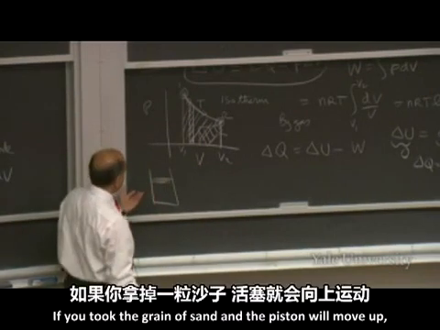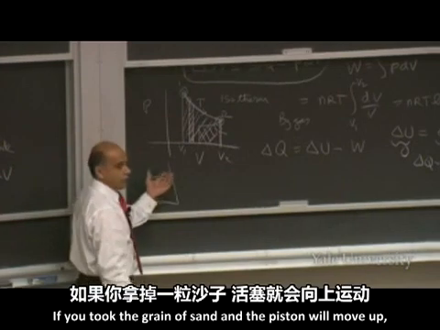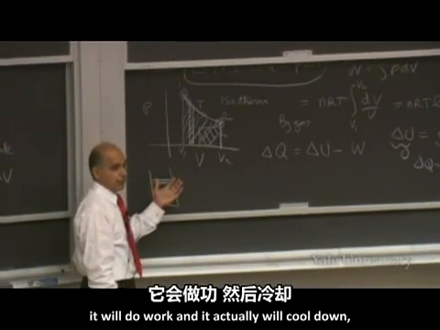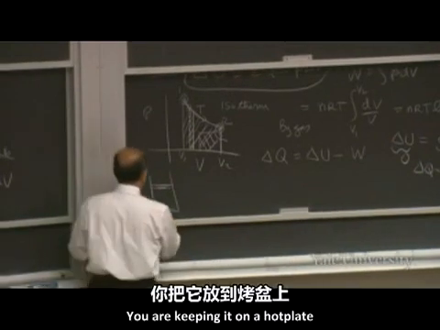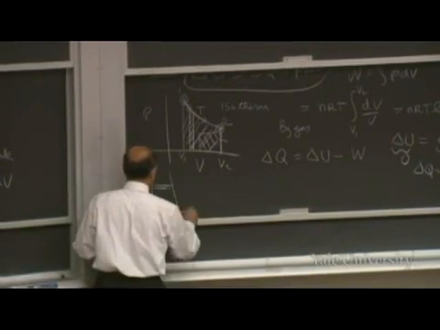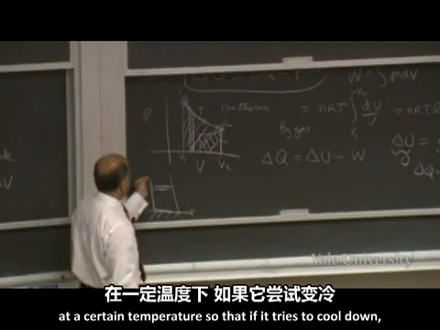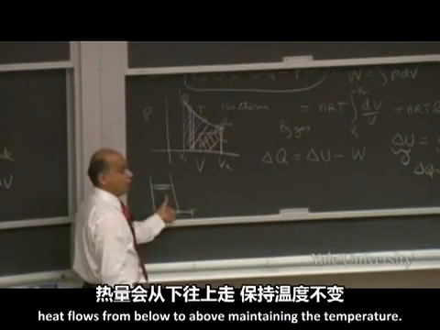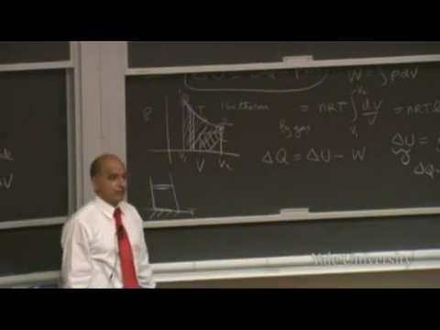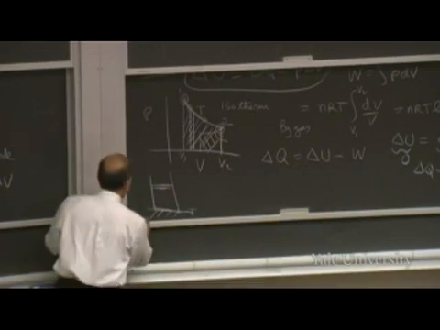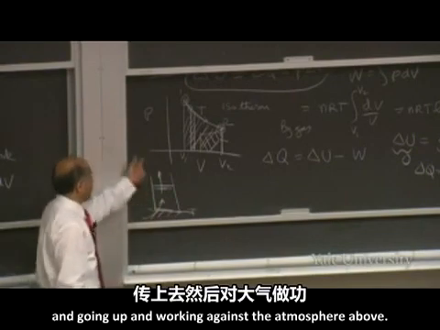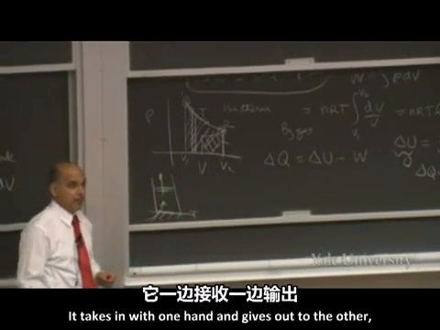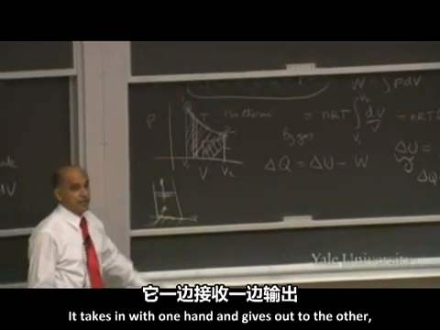If you took the grain of sand, the piston will move up, it will do work and it will cool down. But that's not what you're doing. You are keeping it on a hot plate at a certain temperature so that if it tries to cool down, heat flows from below to above, maintaining the temperature. So what the gas is doing in this case is taking heat energy from below and going there and working against the atmosphere above. It takes in with one hand and gives out the other without changing its energy.